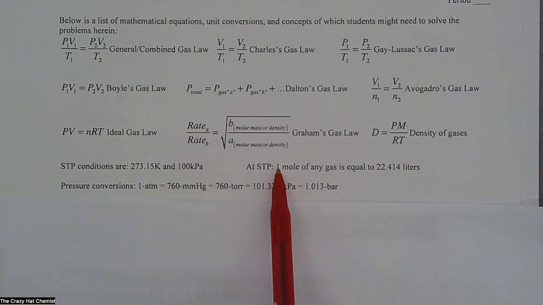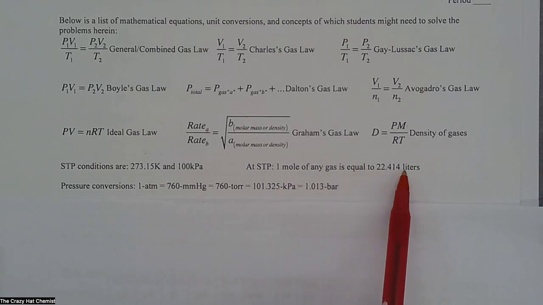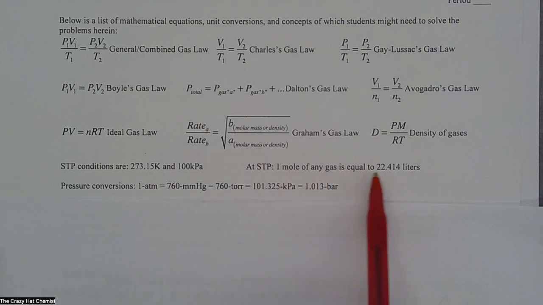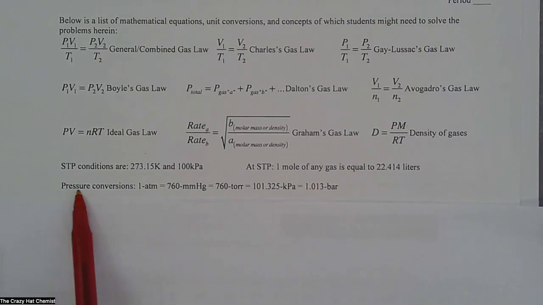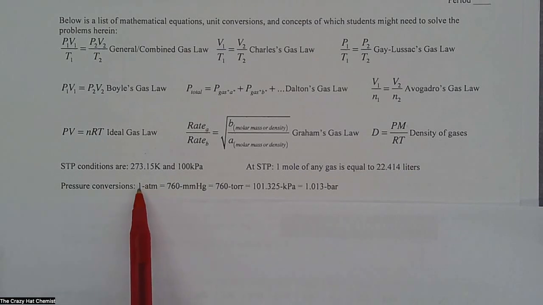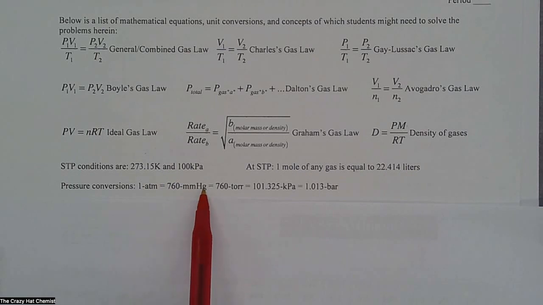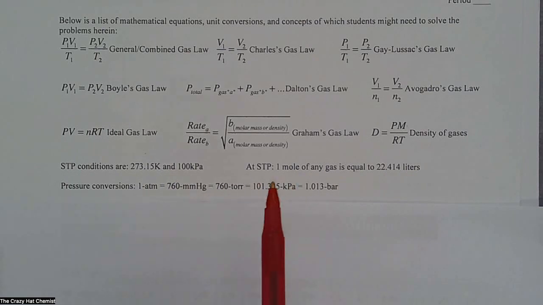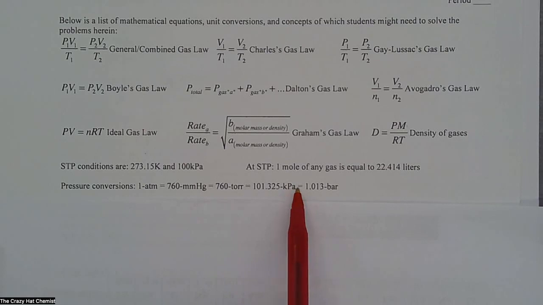At STP, you should know that 1 mole of any gas is equal to 22.414 liters, and that is coming from the stoichiometry unit. You might want to review that. And then you should know some pressure conversions. Check with your instructor if there are other pressure conversions that he or she would like you to know. The pressure conversions that I'm using are 1 atmosphere equals 760 millimeters of mercury equals 760 torr equals 101.325 kilopascals equals 1.013 bar.